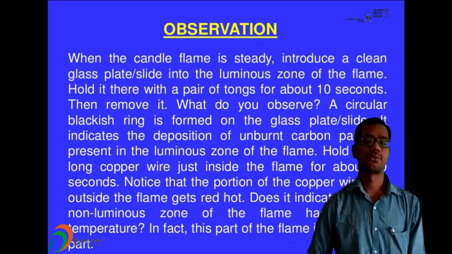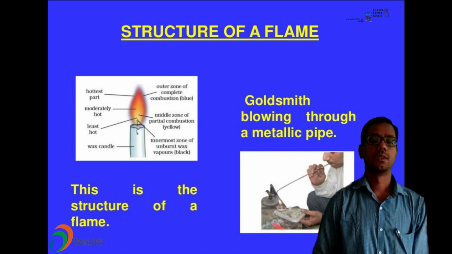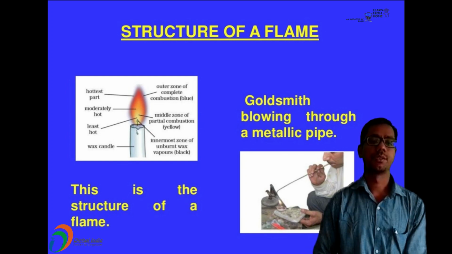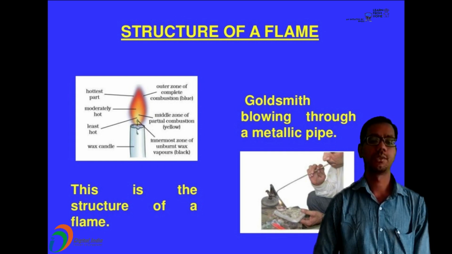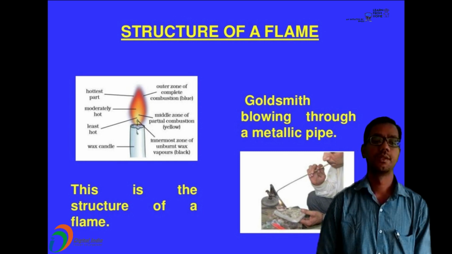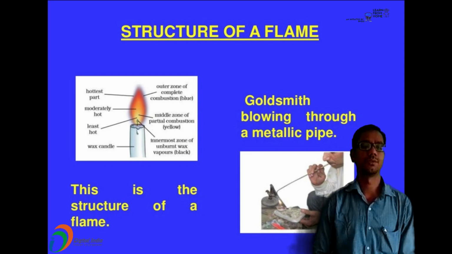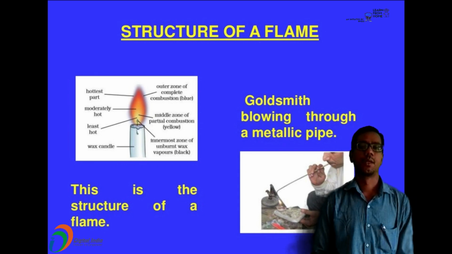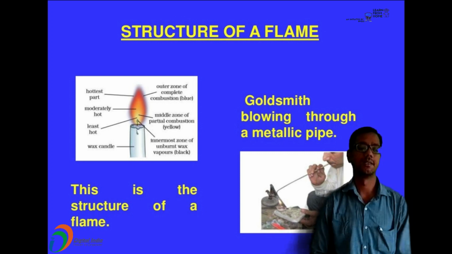You can see the structure of the flame. Outer zone, it is a complete combustion. Then the middle zone is a partial combustion, which is yellow in color. The outer zone is blue in color, and the innermost zone is black in color, and it is an incomplete combustion zone which is used for the formation of black or soot particles.